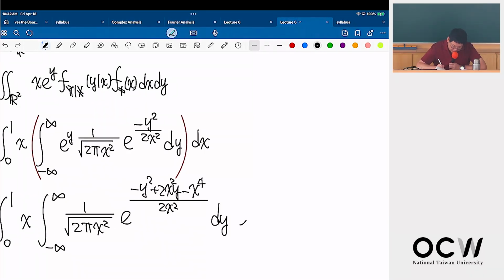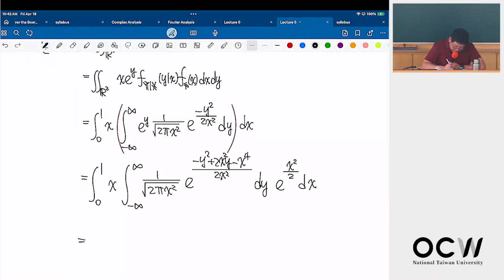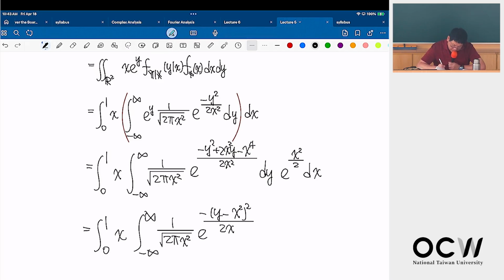Then I also need to multiply by e to the x squared over 2 back. So in this case, this is the integration from 0 to 1, and for this Gaussian, e to the minus (y minus x squared) squared divided by 2x squared, dy, and then e to the x squared over 2, dx.